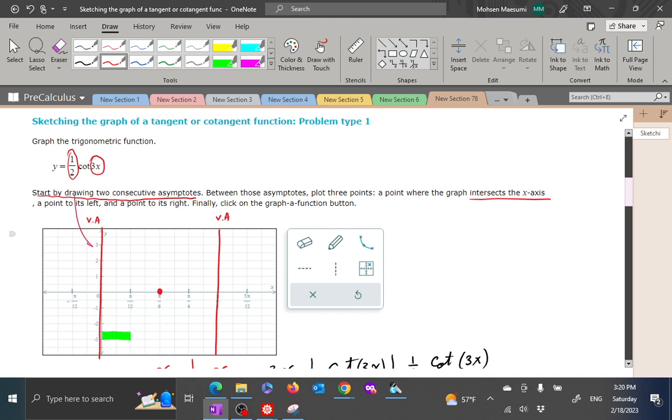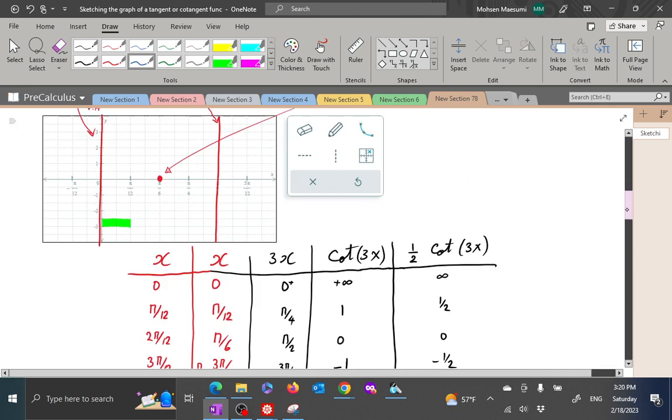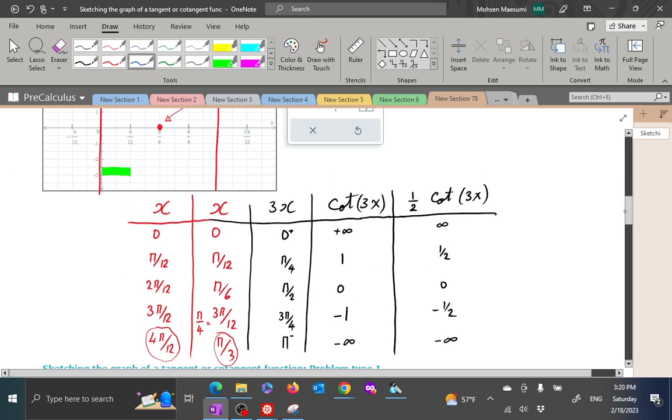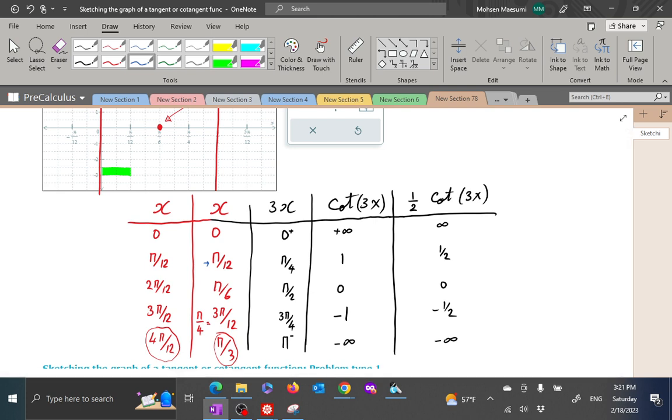So there are 2 asymptotes. This is what is referred to. Intersecting the x-axis, well, that is just our x-intercepts, is that right? And then a point to the left, a point to the right. What does it mean? Well, we are going half to the left, half to the right, meaning points at which we have easy access to the value of the function: pi over 12 and pi over 4, or 3 pi over 12.